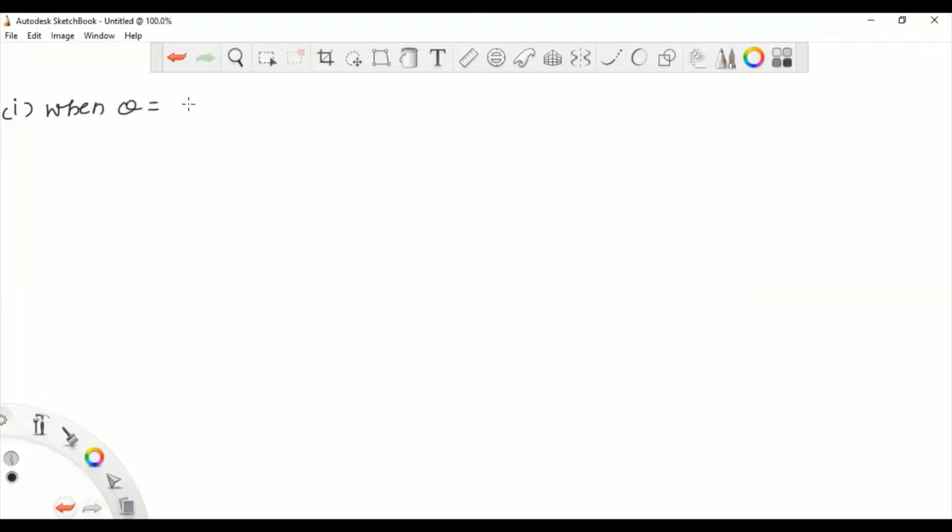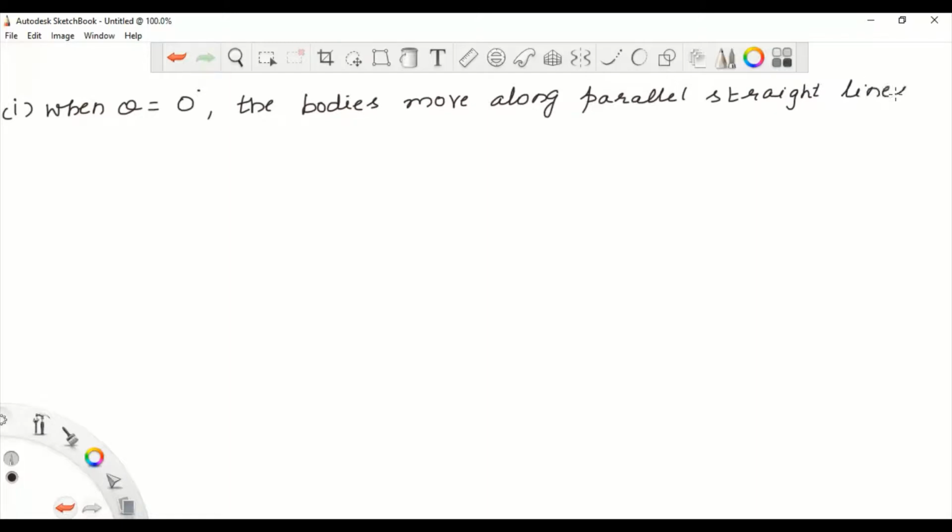First special case, when theta is equal to 0 degree, then the bodies move along parallel straight lines in the same direction. Okay, I'll write here, the bodies move along parallel straight lines in the same direction.